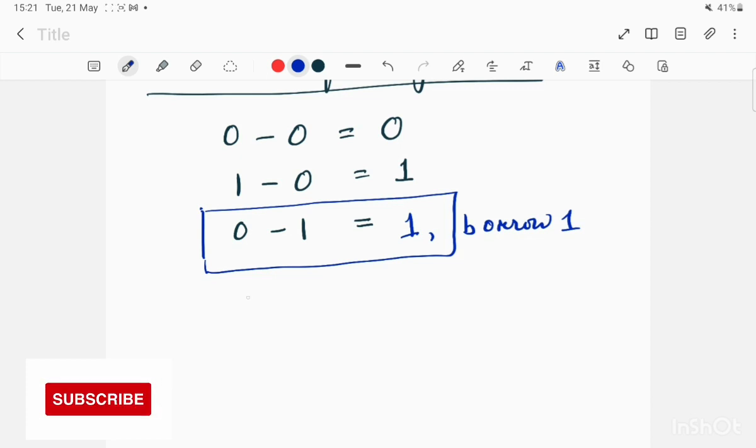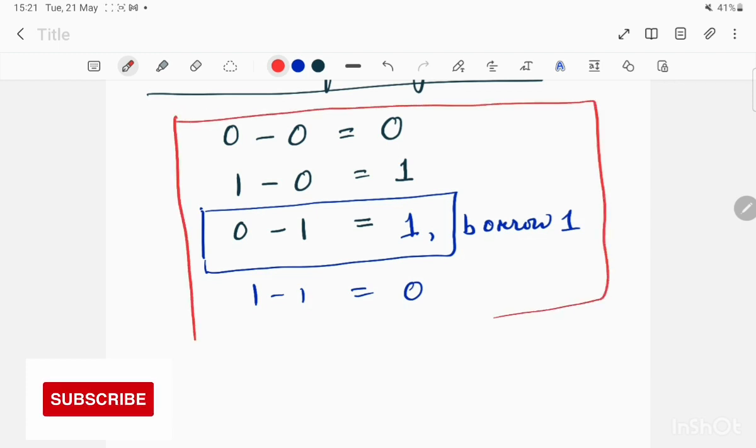And then last is 1 minus 1, which is obviously 0. So while doing subtraction of binary numbers, we will be following these rules, where others are very simple. But 0 minus 1 is a special case where the result is 1 and we borrow another 1. We will learn about it in detail during some examples.